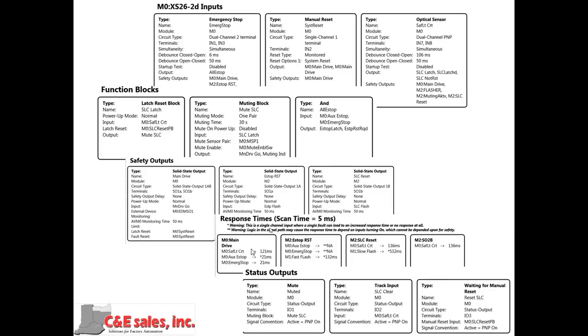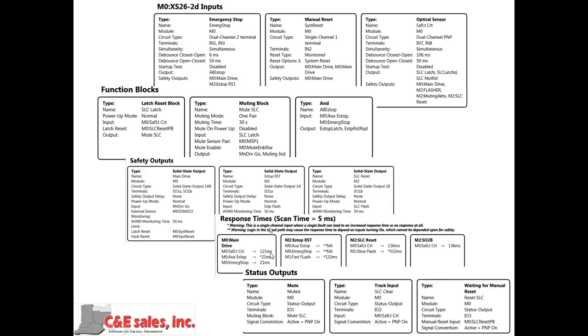And here's something which is very important. Notice here, these are the safety outputs. Notice that I have a response time from the 1 to 0, or shutdown, response time. Notice the auxiliary stop and the emergency stop are 21 milliseconds, which is a 6 millisecond delay plus some overhead plus the scan time.